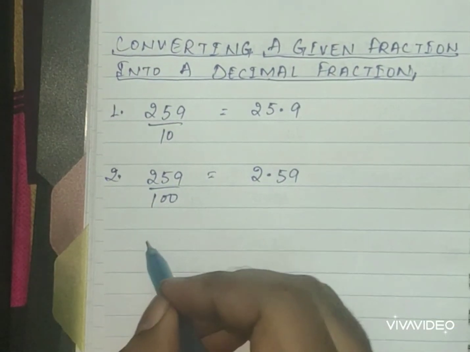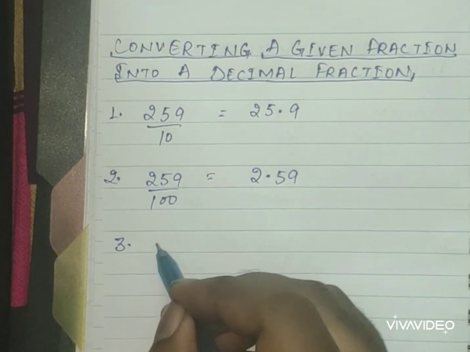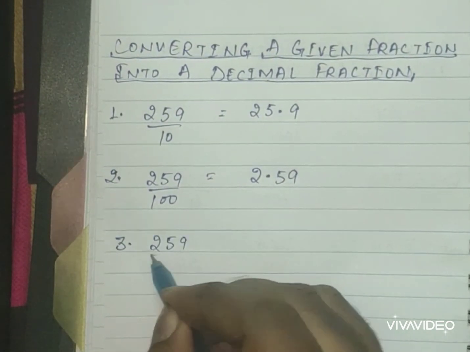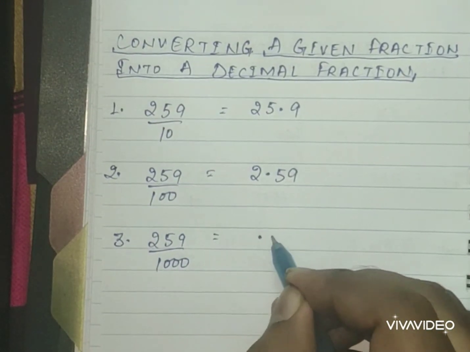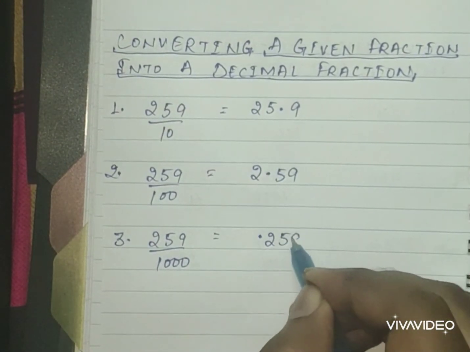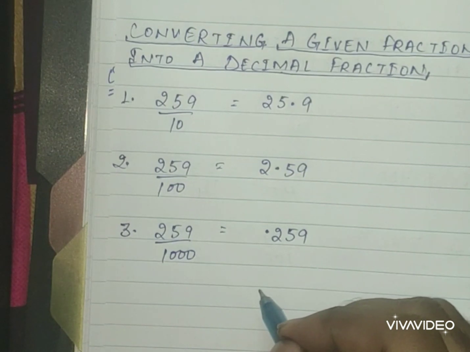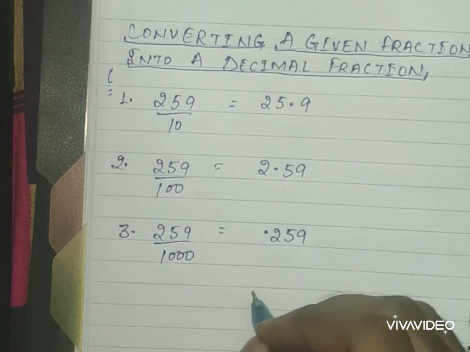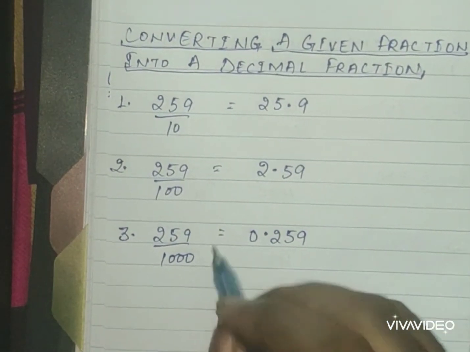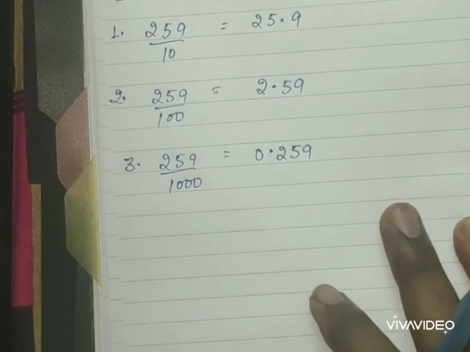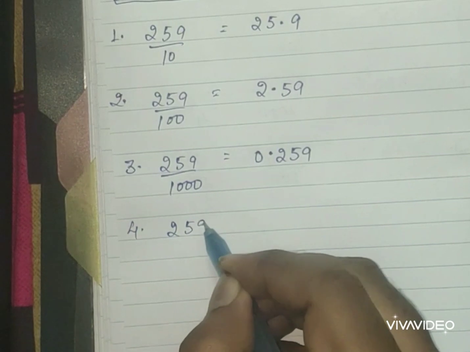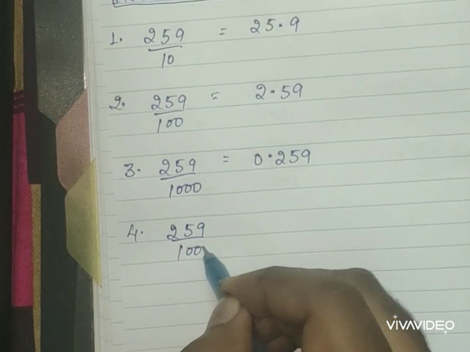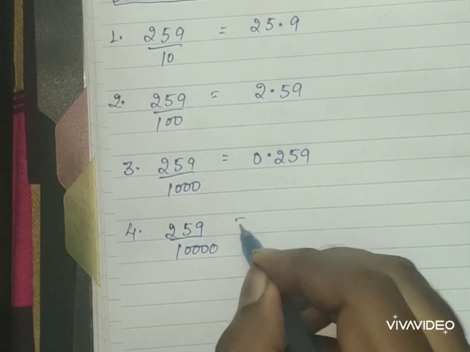The third one, for example, 259 upon 1000 is given to you. So we will put the decimal after 3 digits, and this will be 0.259. I hope you have understood, and we will put the 0 also over here. For example, 259 upon 10,000 is given to you.